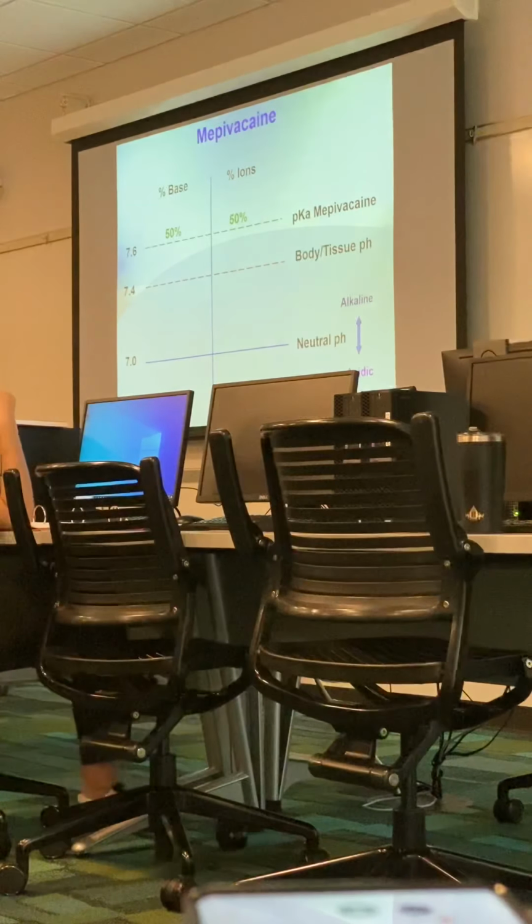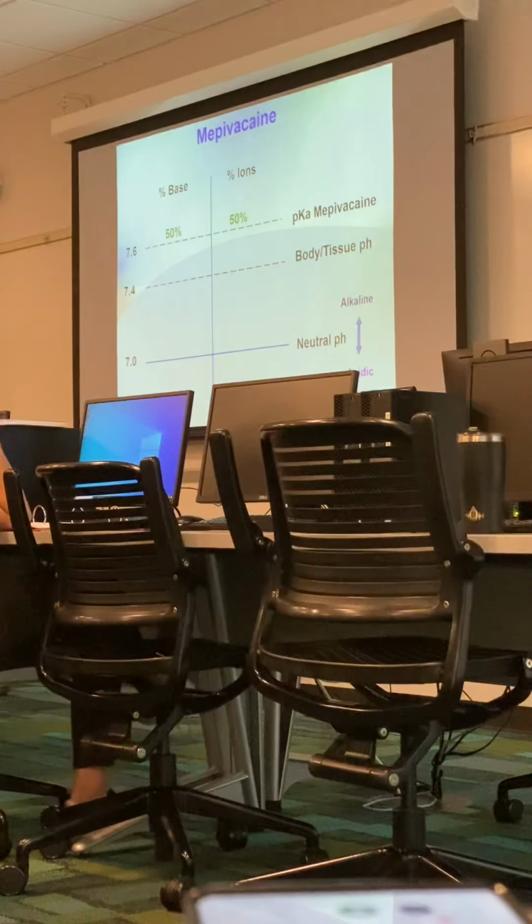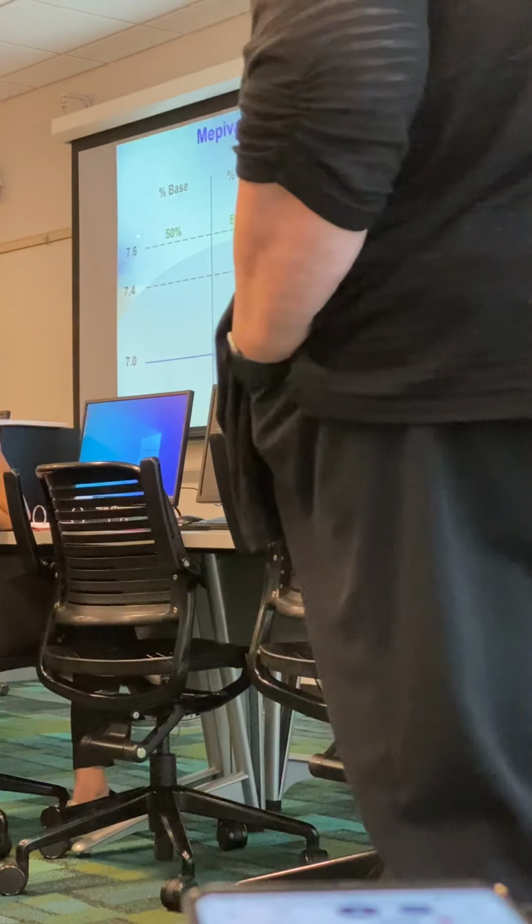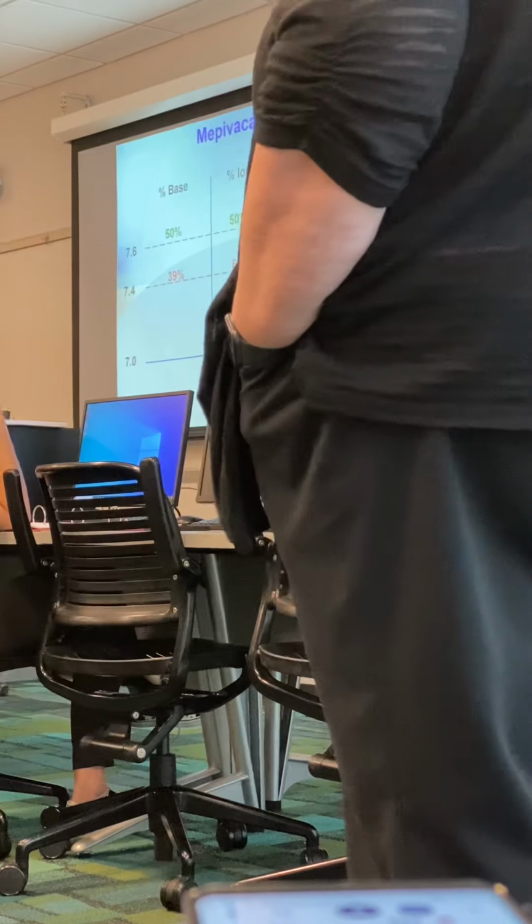If for some reason the body was more alkaline and it was a 7.6 pH, then it would be 50-50. Because it's not, and the body is 7.4, only 39% of that solution will actually be in the lipid-soluble or neutral base form.